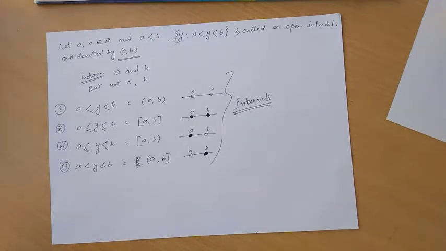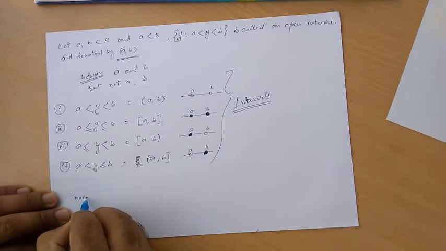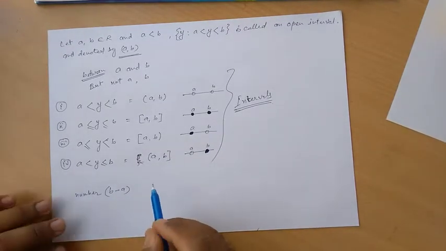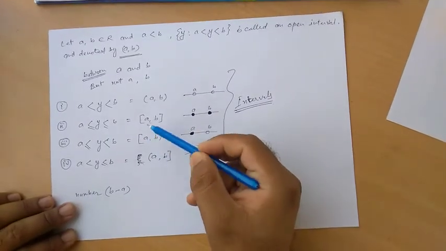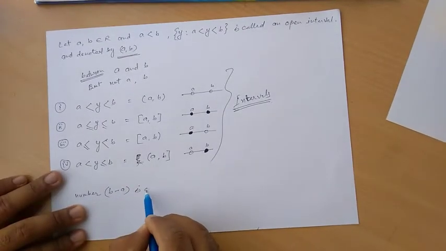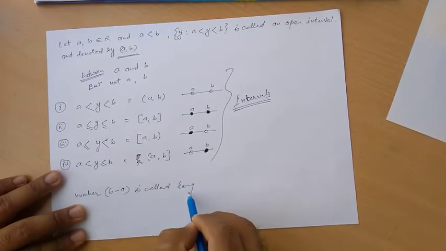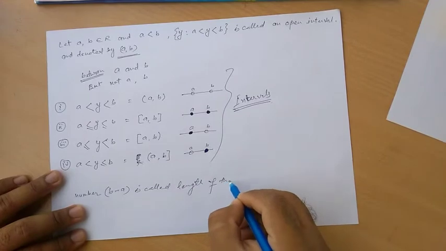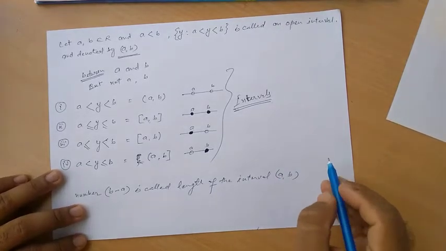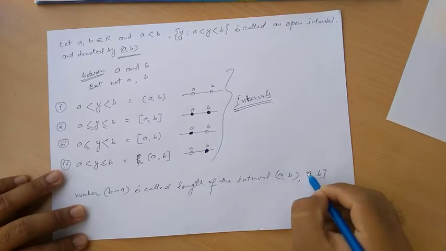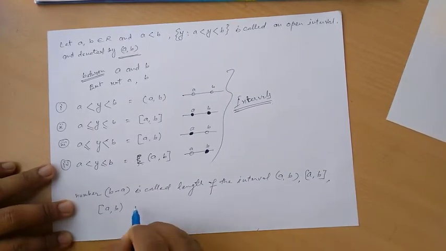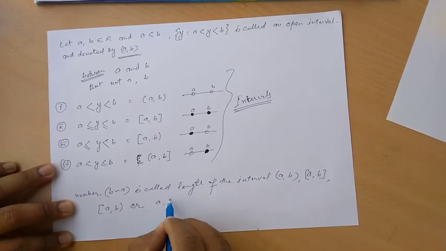And one more thing, the number b minus a, we can find out b minus a over here, as we know that a and b, definitely we will be able to find b minus a, and it is called the length of the interval a comma b.